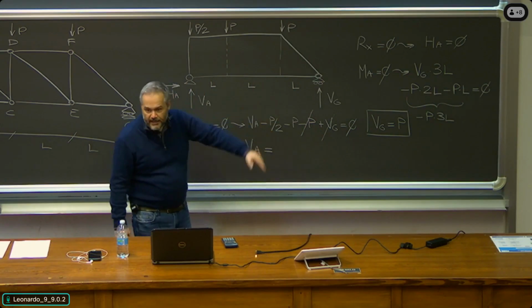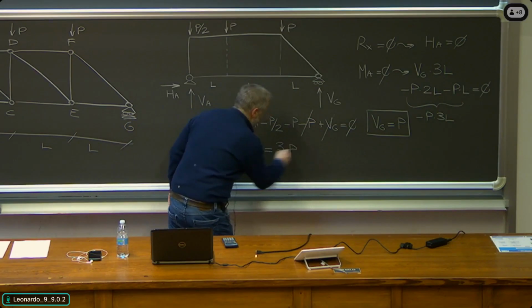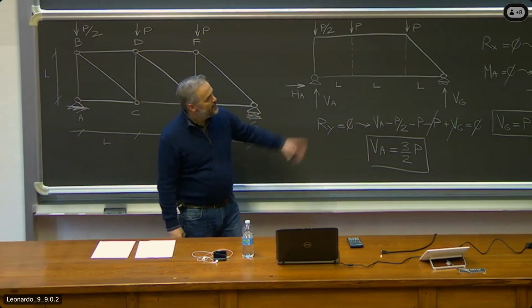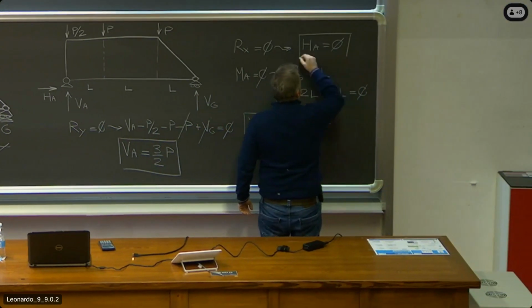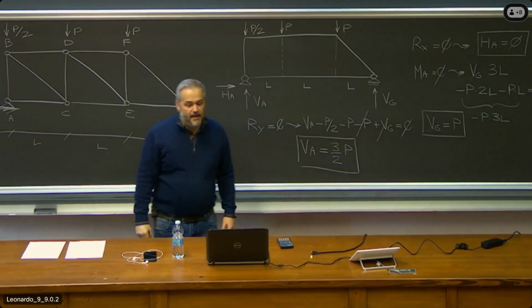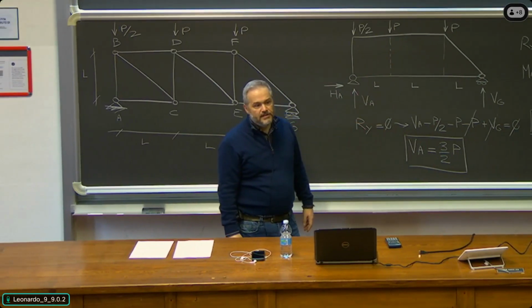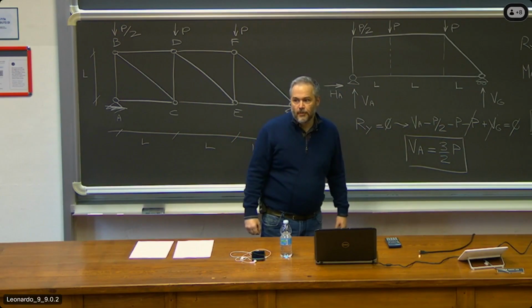I bring it to the right side of the equation, and it becomes 3 divided by 2 P. Okay? These are my three reaction forces in the specific case of the written exam of the 14th of January. For these simple three equations, you got 3 points out of the available points. One for each reaction force.